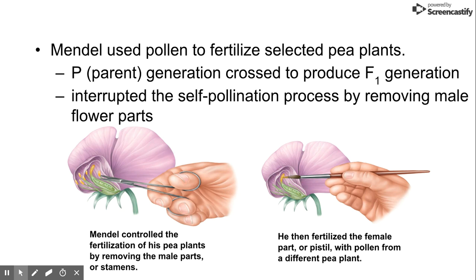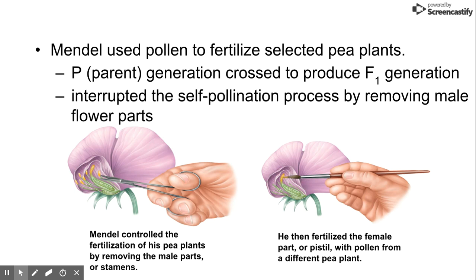When he did that, he started to notice that traits would skip generations. He would mate white and purple pea plants, and none of their offspring would be white. Then he would allow those flowers to self-fertilize so that he could see what their offspring would be, and he would get white flowers back.